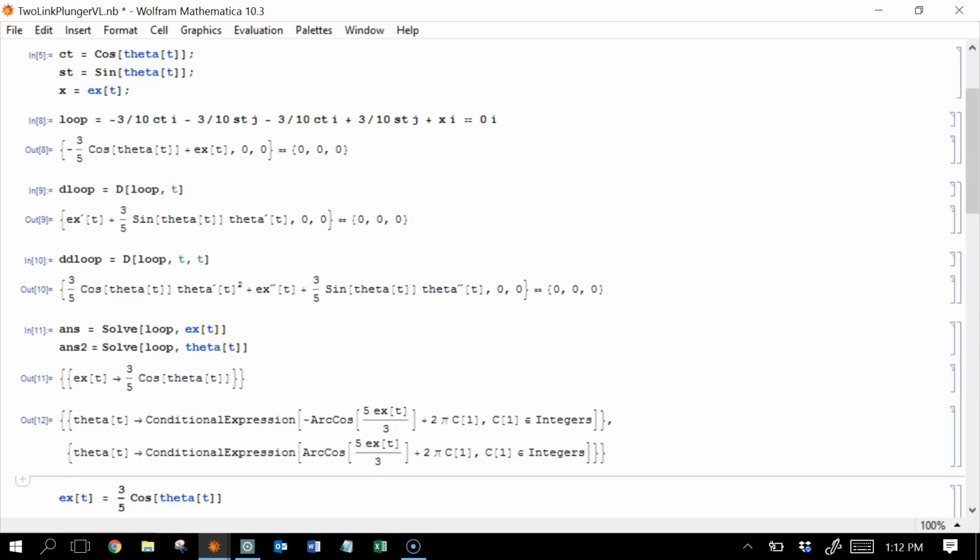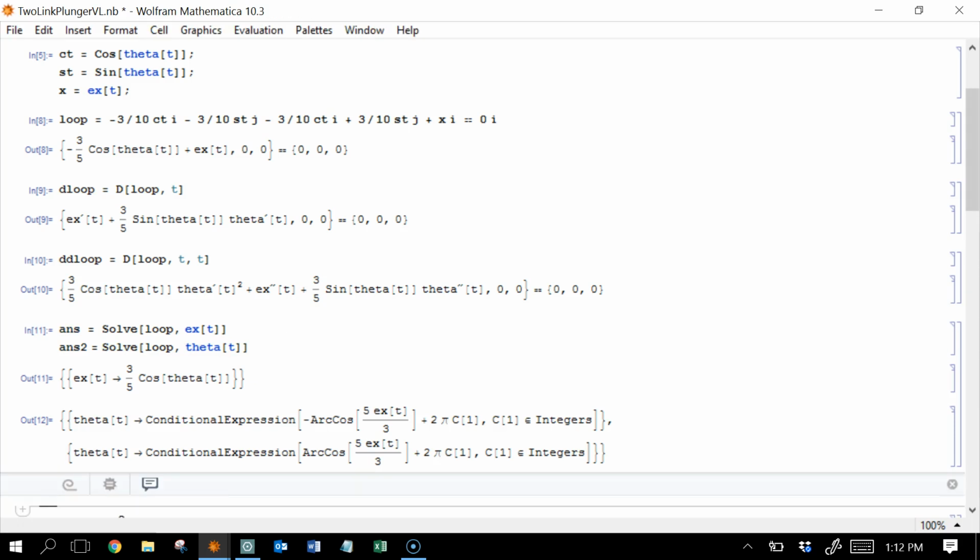And so when you're solving for the angle, there's an infinite number of them, so it's saying here is the solution, right? It's either positive angle or negative angle, because it doesn't know which one is which. All right, so you probably want the positive angle, so it's the inverse cosine of 5x divided by 3.